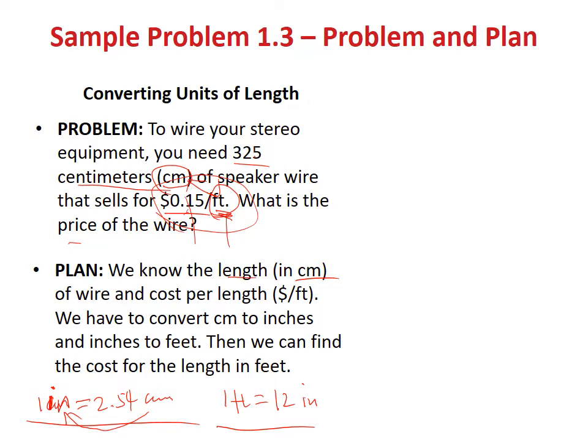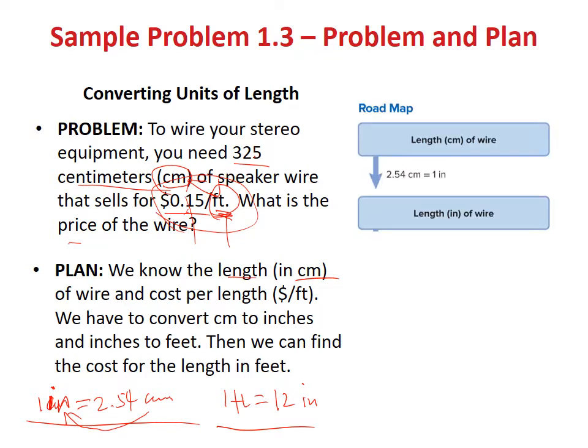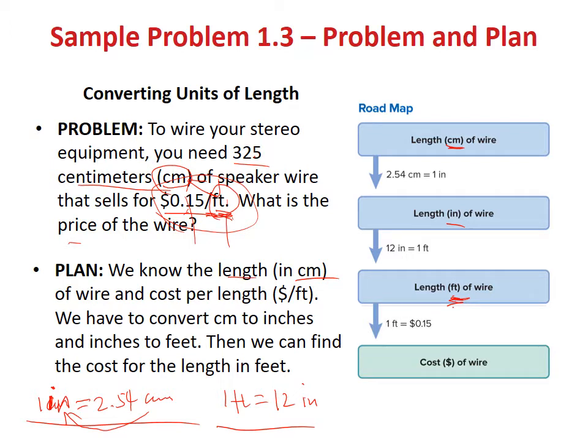So here is our plan. First, the length unit centimeter goes to inch, and then from inch to foot. Now the units are consistent, both are foot. Then we use the price as a conversion factor to change to dollar.